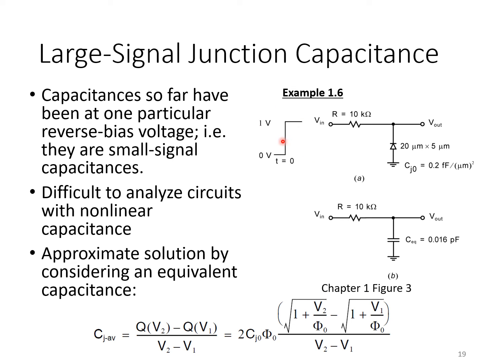One approach would be to just take the value of capacitance as the value with 0.5 volts across it, but it's actually more accurate to do the averaging in this way here, which takes into account the nonlinear relationship as the voltage here is undergoing the transition from 0 to 1 volt in this simple circuit.